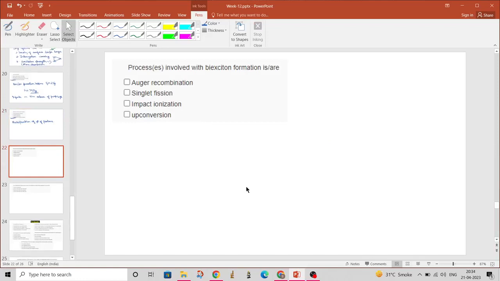So let's move to the next one. The process or processes involved in the bioexciton formation is or are Auger recombination, singlet fission, impact ionization, and upconversion.